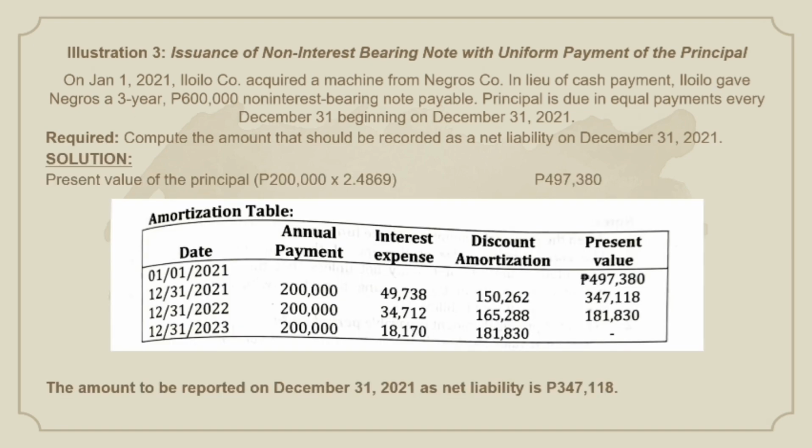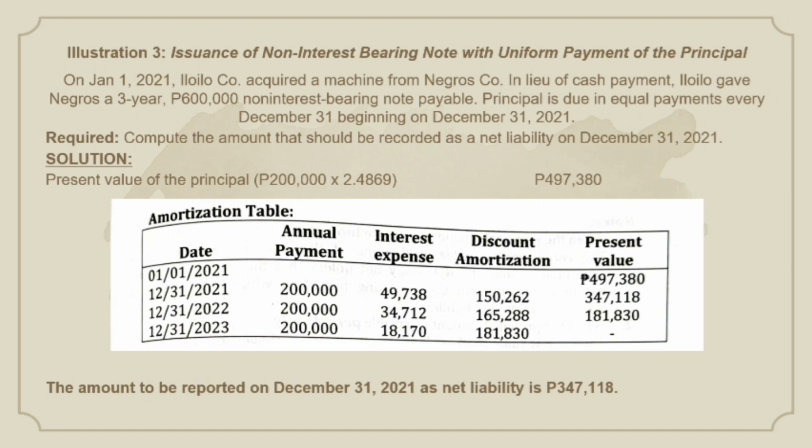So we have here the solution. Present value of the principal computed: 200,000 times the rate of 2.4869, we have 497,380. So 200,000 came from the 600,000 3-year note payable divided by 3.